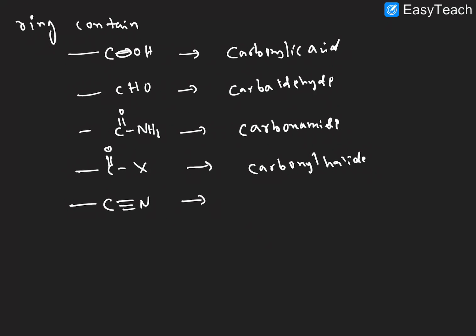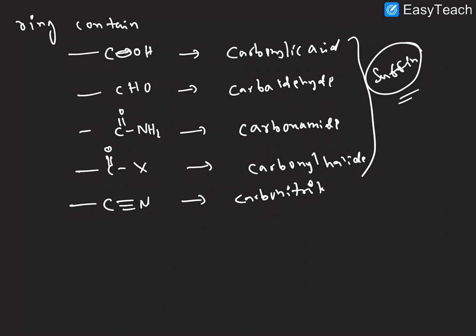Whenever a nitrile is present in the ring, it is carbonitrile. This is the suffix name when it's ring containing. Very important point. We are getting a lot of confusion from here only.